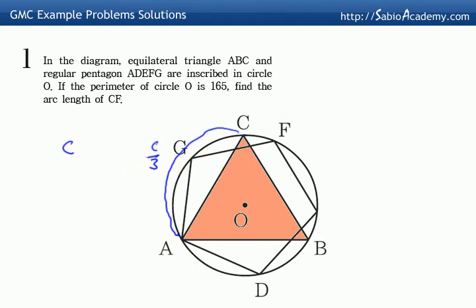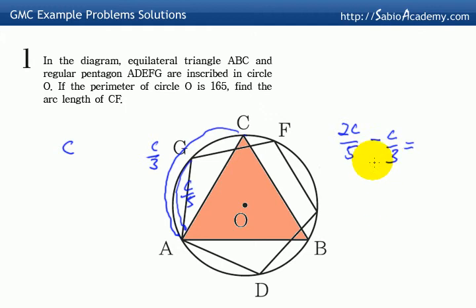And if I use the pentagon, each one is C over 5, right? So the arc length from A through F is just twice of this, 2C over 5, and you'll be taking out the arc length of AC, the one formed by the triangle, this one here. That would be C over 3. So that's the answer here.